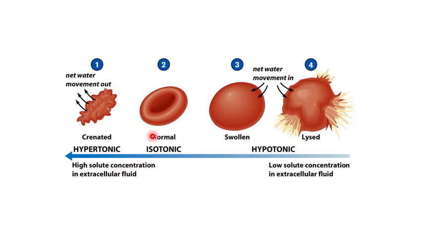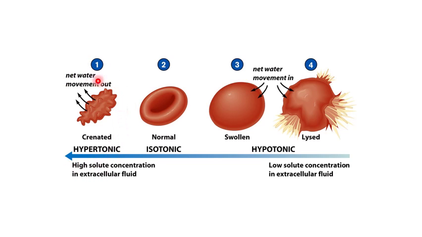And here's a blood cell specifically. If it's in its isotonic state, it looks like a normal red blood cell. If it's in a hypertonic state, what's going on? Plasmolysis. The solute goes out, it shrinks.